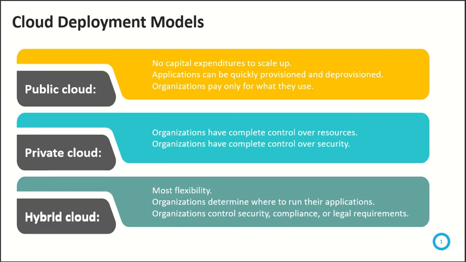Then you have hybrid cloud. Hybrid cloud combines public and private cloud both, allowing you to run your applications in the most appropriate locations. For example, you can host a website in the public cloud and link to a highly secure database that is hosted in your private cloud, that is your on-premises data center.